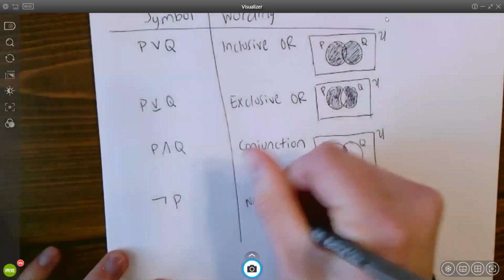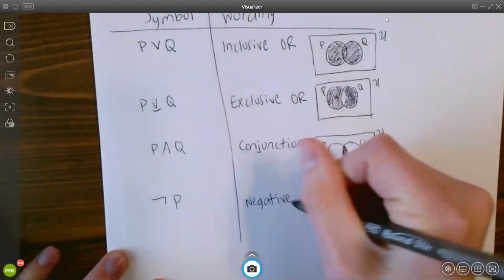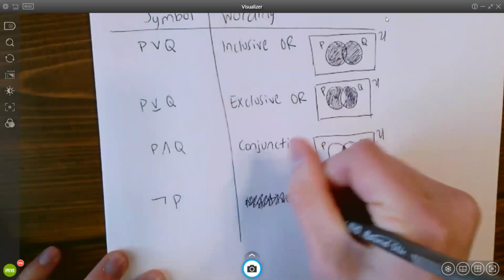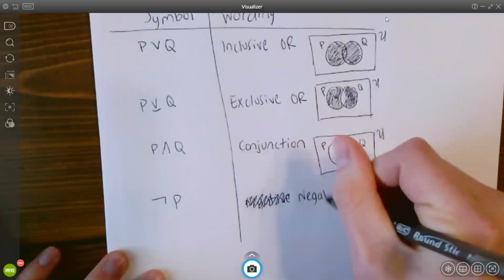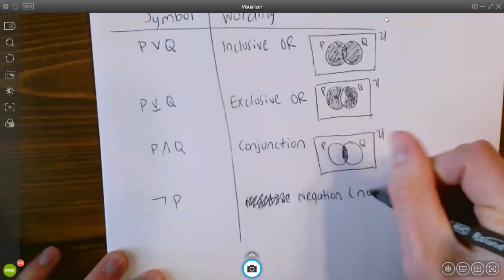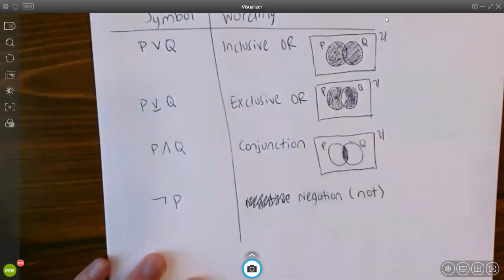And this is a negation, which just means not.